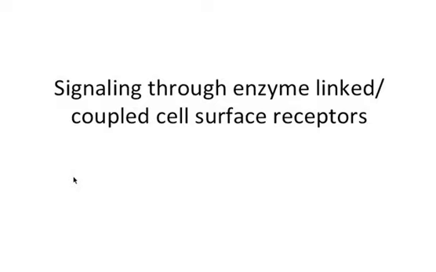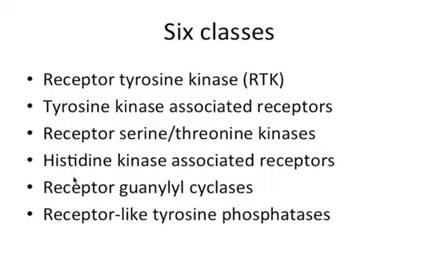Okay, signaling through enzyme-linked/coupled receptors. The reason it says linked/coupled is because that's two ways they're referred to in different textbooks. Sometimes they're called enzyme linked and sometimes enzyme coupled. Okay, so there are 6 classes.